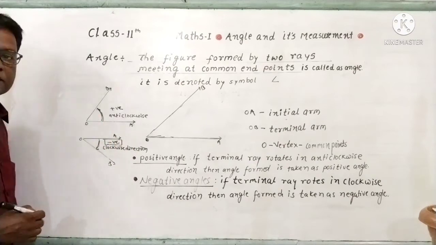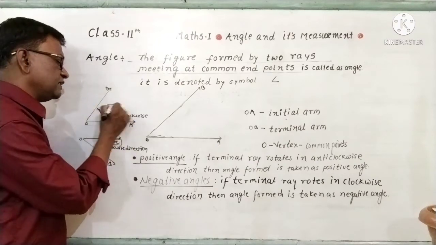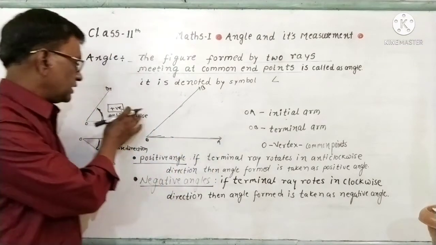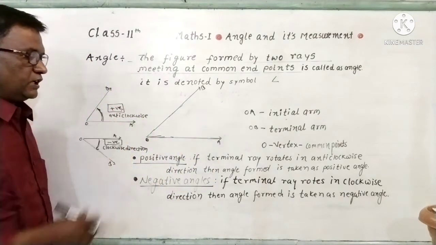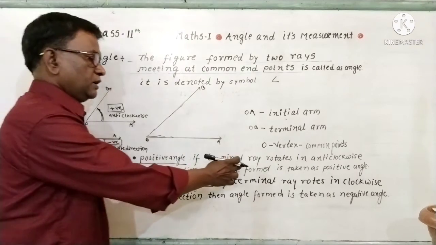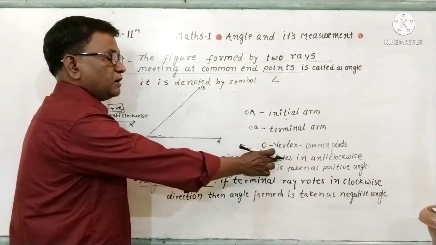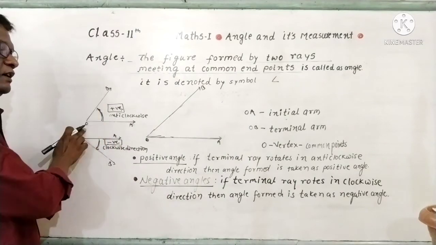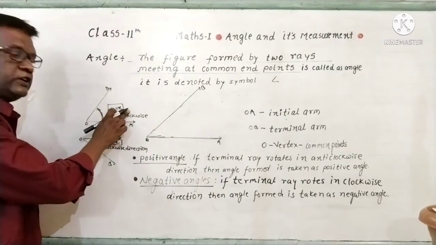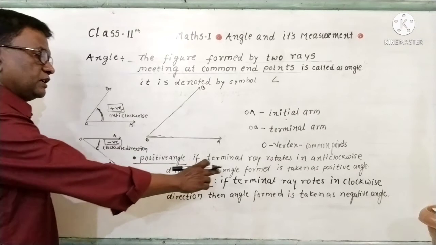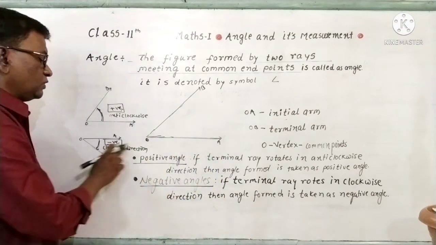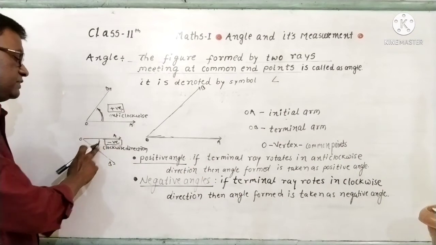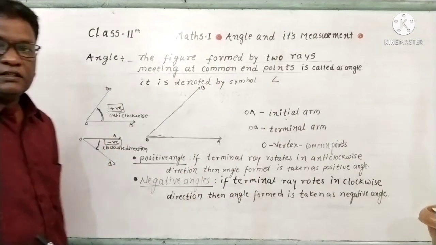This angle is taken as negative, this angle is taken as positive. So this is the positive angle and this is the negative angle. If the terminal ray rotates in the anti-clockwise direction, then the angle formed is taken as a positive angle, and if the terminal ray rotates in the clockwise direction, then the angle formed is taken as a negative angle.